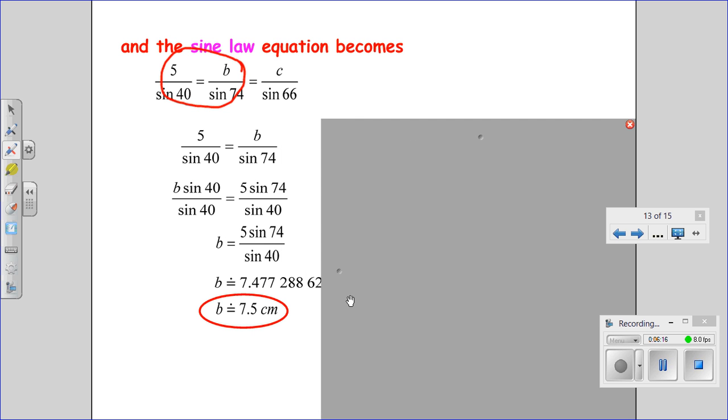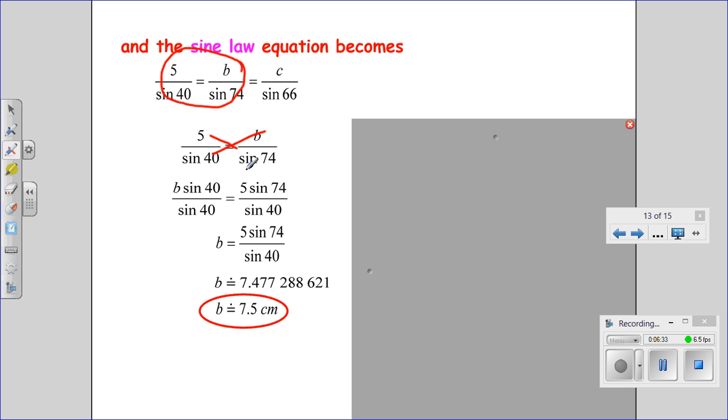And as we do that, we can follow our steps. We can multiply both sides by sine 40 and sine 74. So we end up, in essence, cross multiplying.